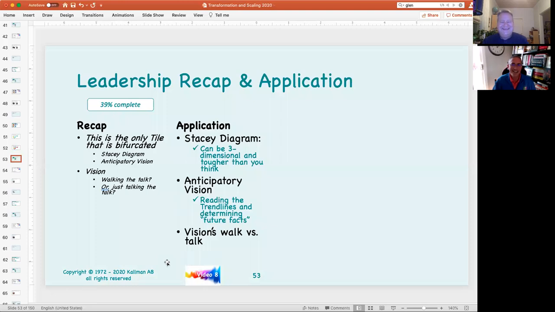It is a little bit harder to really look at those different dimensions, the two points plus the communication, and then being able to read the trend lines and determine those future facts, if you will. How do we measure that to show that this is where we're going? And then finally, we have to have the walk and talk together. And if we don't, good luck.